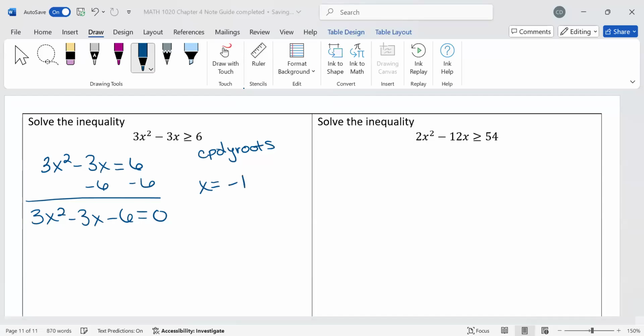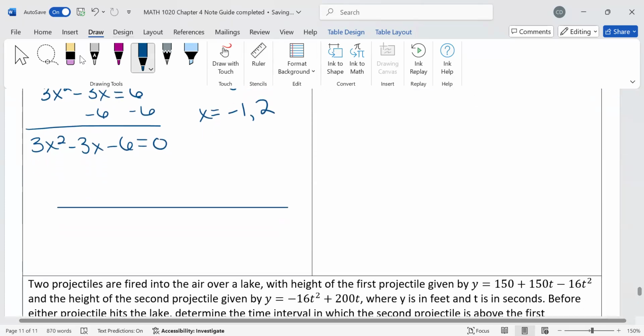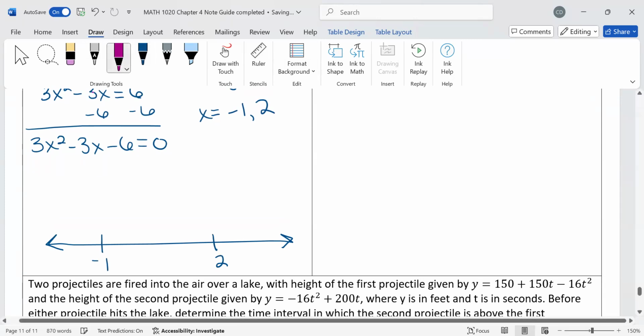Now this is an inequality, so it's a little bit different. Actually, let me move this down a little bit. All right, -1 and +2. So we need to find test points.